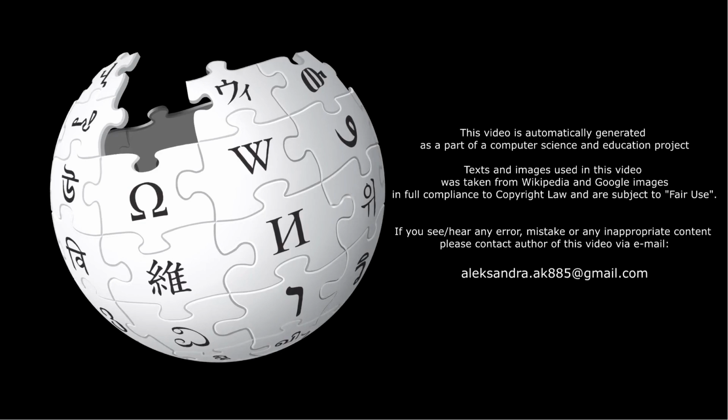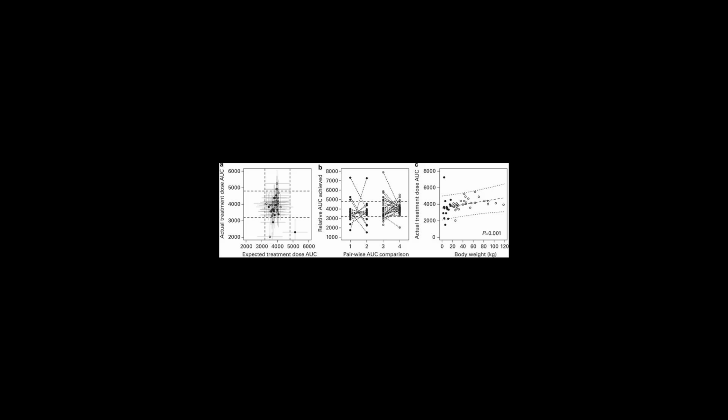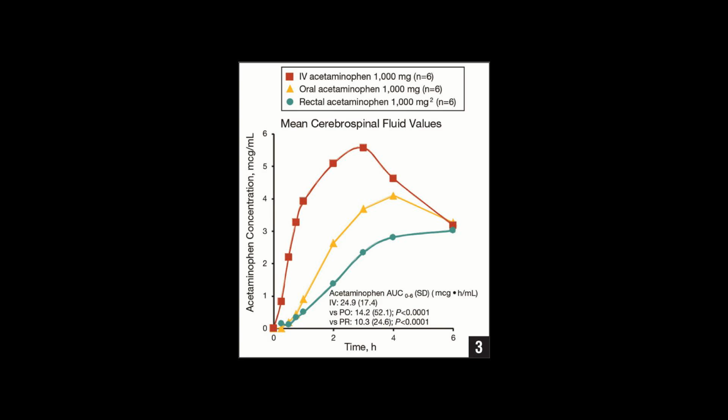Bioavailability can be measured in terms of absolute bioavailability or relative bioavailability. Absolute bioavailability refers to the bioavailability of a drug when administered via a non-intravenous dosage form, i.e., oral tablet, suppository, subcutaneous, etc., compared with the bioavailability of the same drug administered intravenously.